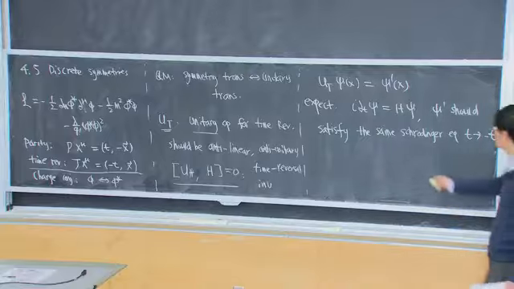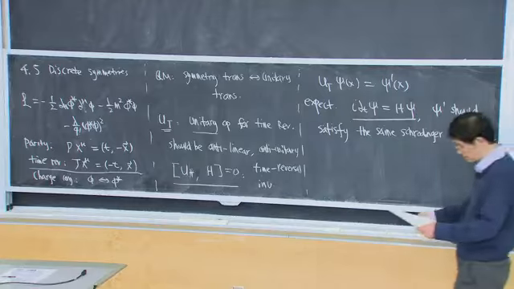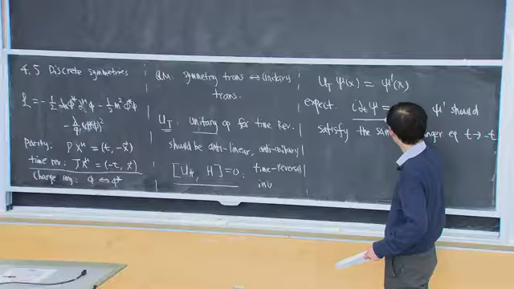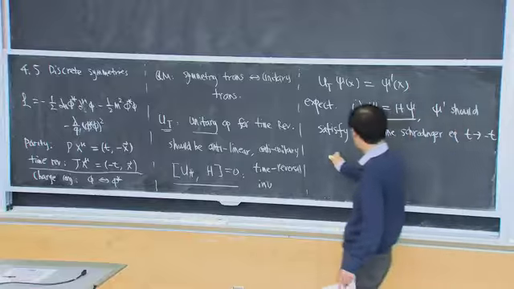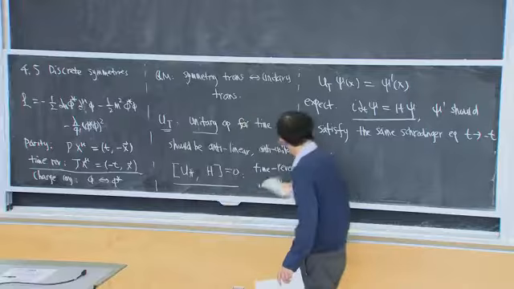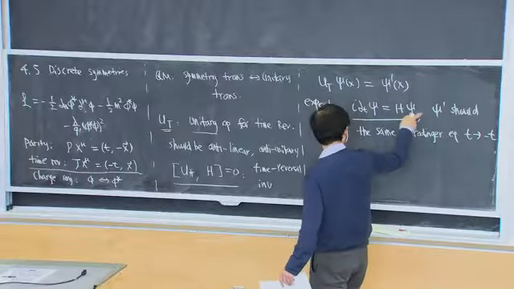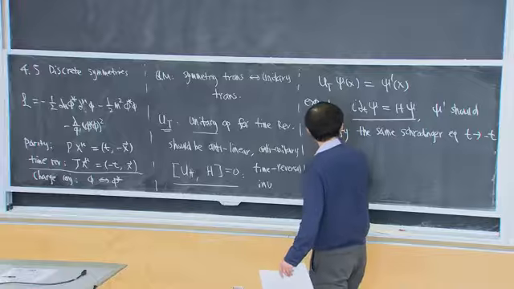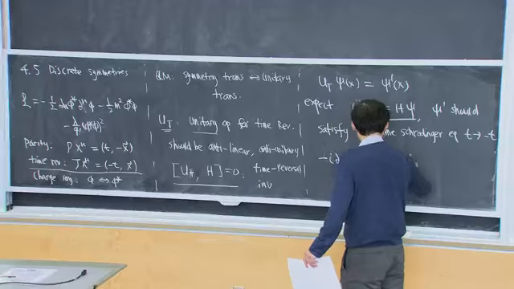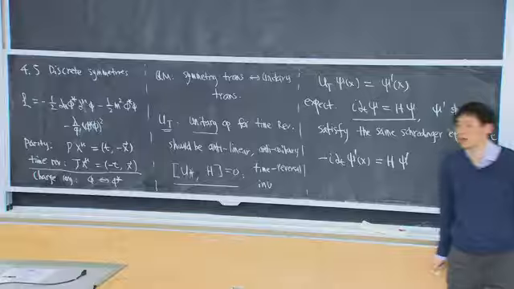So now let's try to do that. Let's start from this equation and act with U_T from the left. This means that psi prime should satisfy the following equation: you just take t to minus t, and you get an additional minus sign.